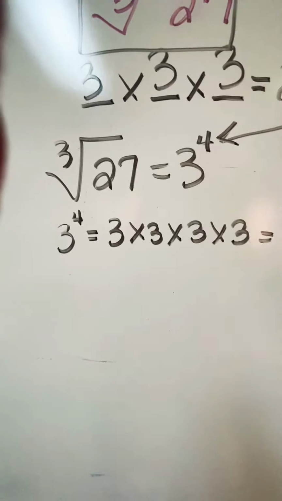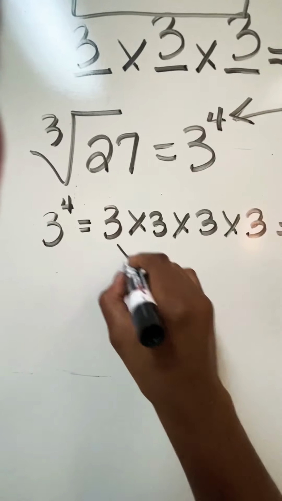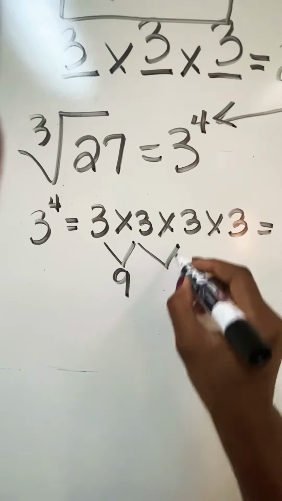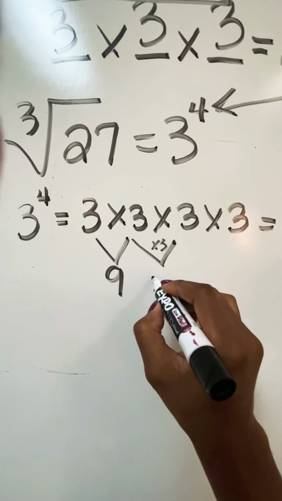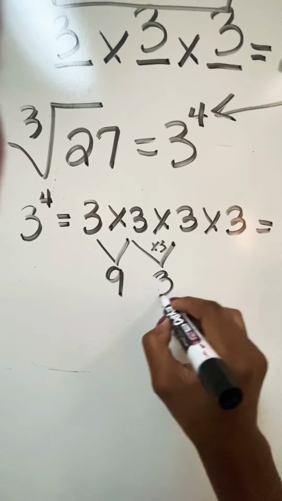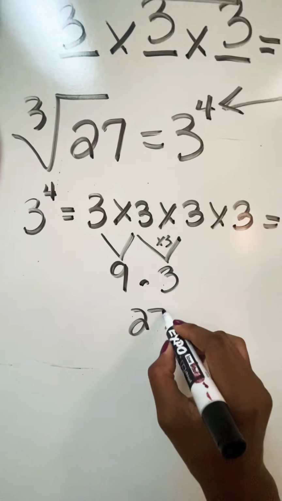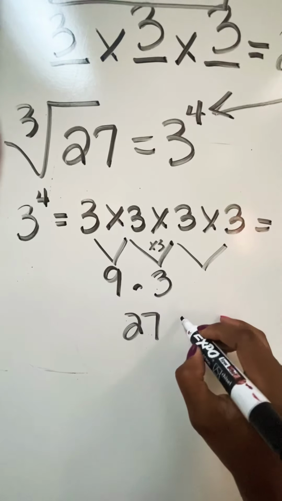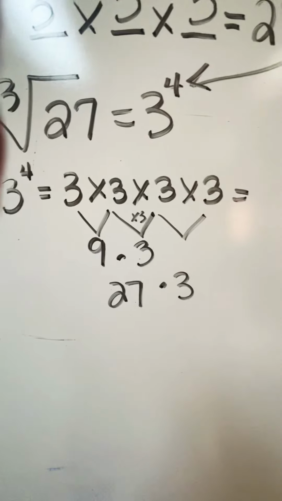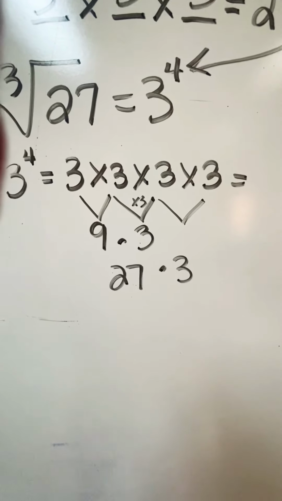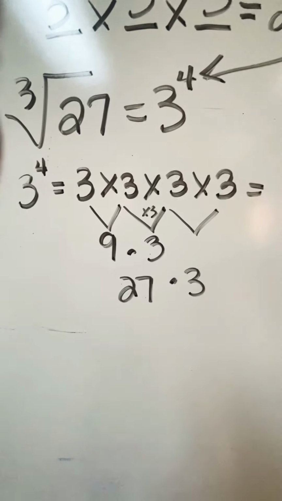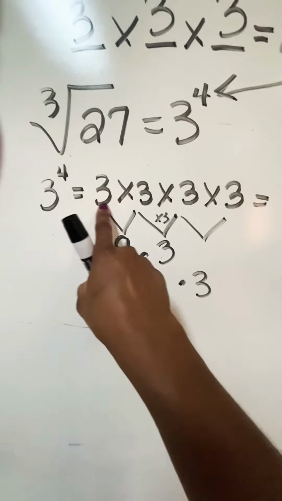Okay? So here we have 3 times 3 is 9, and then we have 9 times 3 is 27. And then you bring down this 3 and multiply that by 3, and what does that give us? If you said 81, you are correct. All right, so again, we did 3 times 3 is 9.